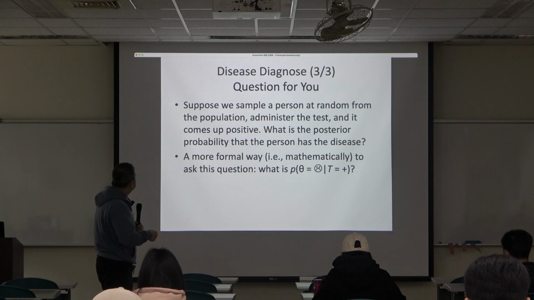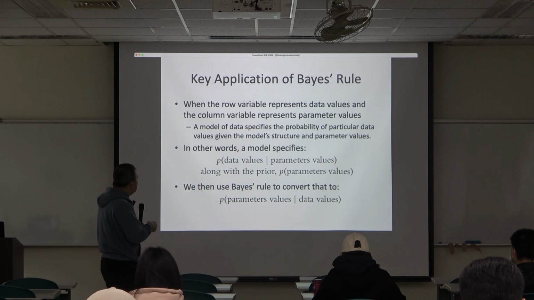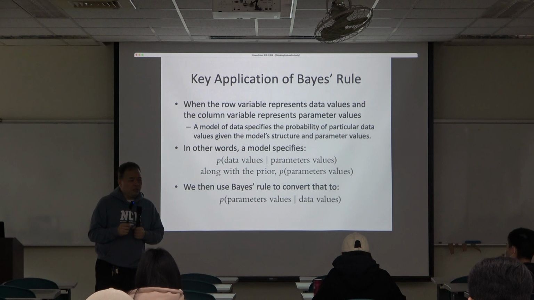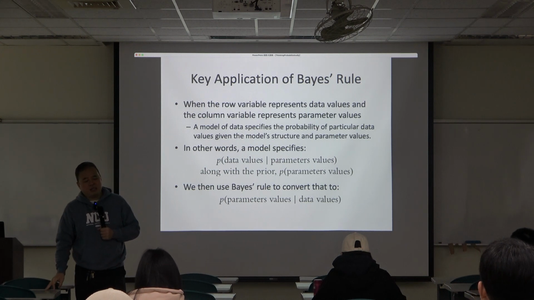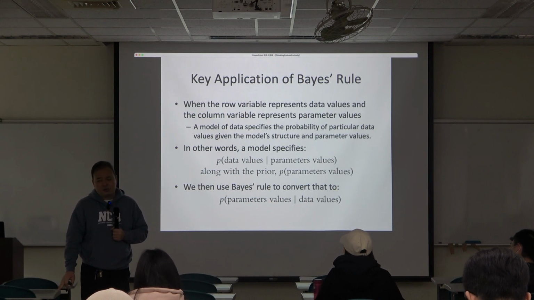When the row variable represents data value and the column variable represents parameter value, remember what I told you? If you have a model, that model has parameters, and the parameters control that model.